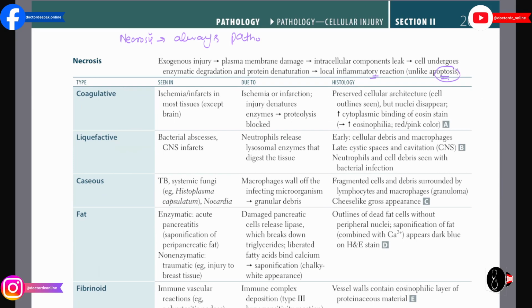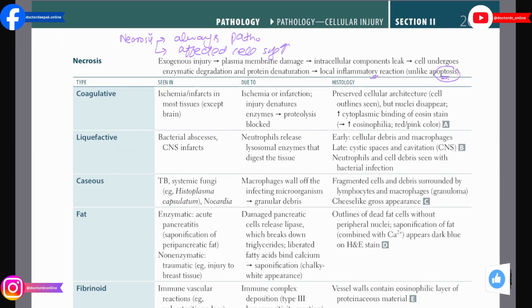Apoptosis always affects a single cell, but necrosis affects multiple cells. Then in necrosis, when the cell is affected, its size increases, but in apoptosis it will shrink.